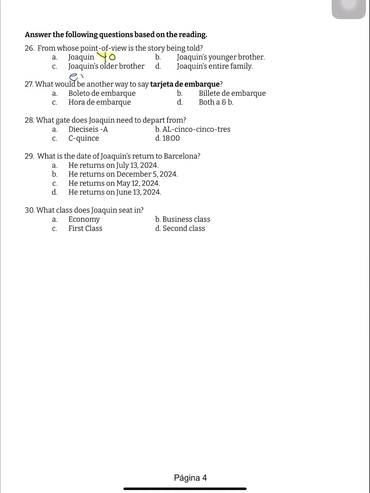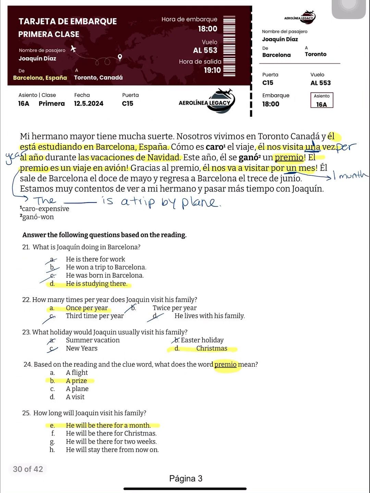If you see the word él, it would work. This perspective is not it, because you would hear multiple voices coming out, different verb conjugations, and you don't really see that. You only see the él. So it's between B and C, because there is no yo here. You only see él.